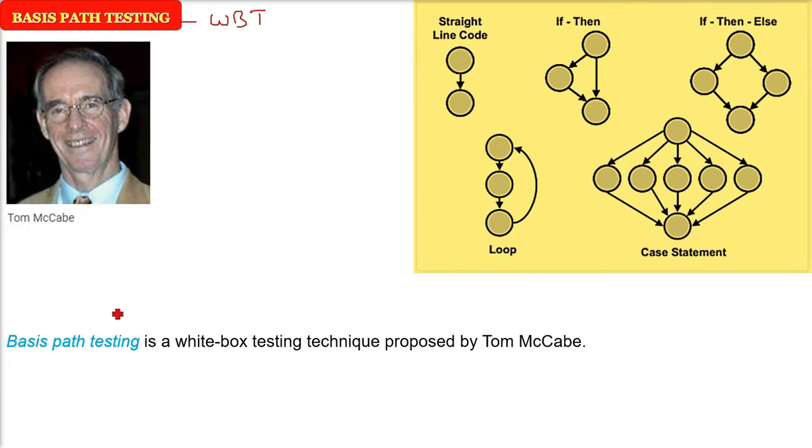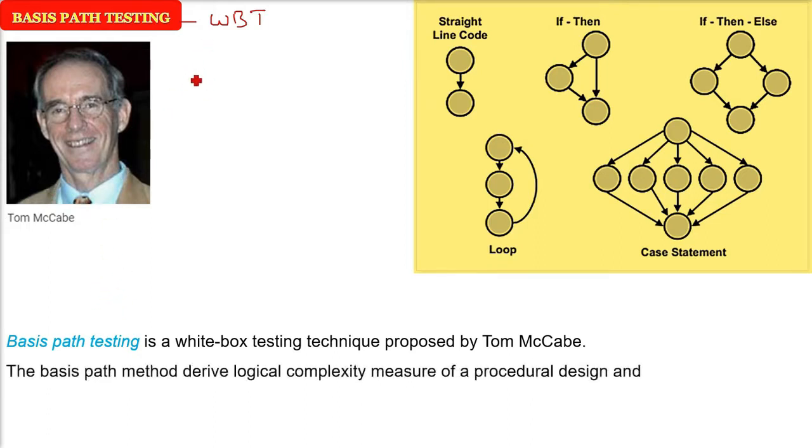So the basis path method, first of all, if you have written a certain procedure or made a flow chart or made a PDL, that is an algorithm, the basis path method will derive the logical complexity measure of this procedural design, using this measure to define a basis set of execution paths, and they are nothing but the test cases.